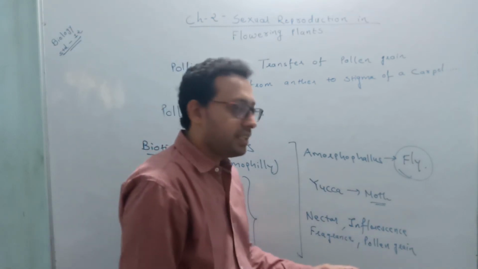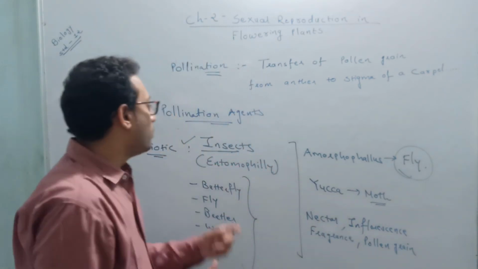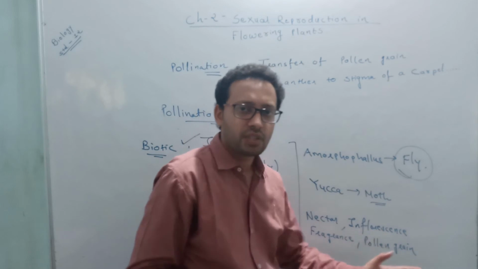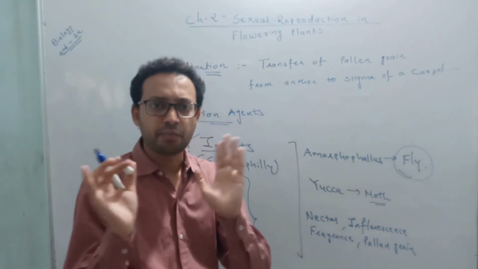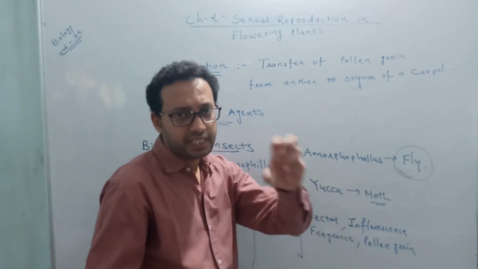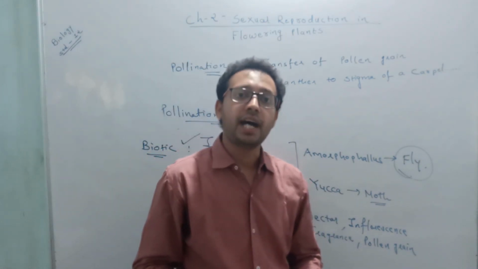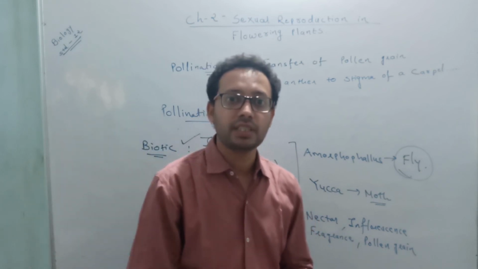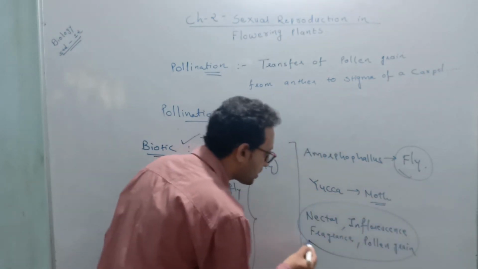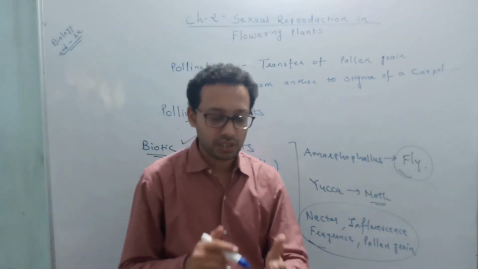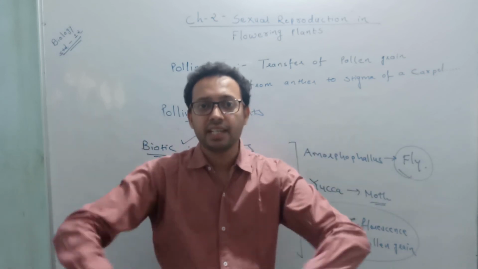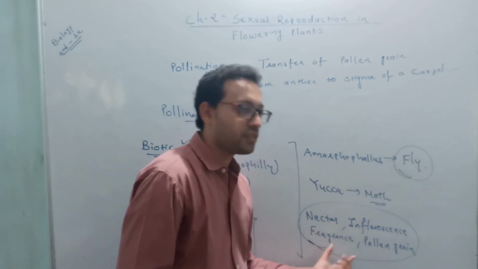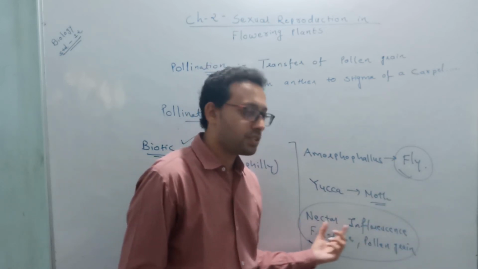They produce a large number of pollen grains. That means these plants have a kind of reward system, so the insect will visit that plant again and again. The insect comes for certain reasons, either for pollen grain, fragrance, lure or attraction, or nectar.